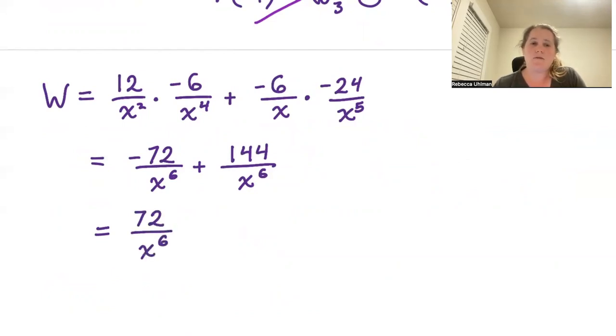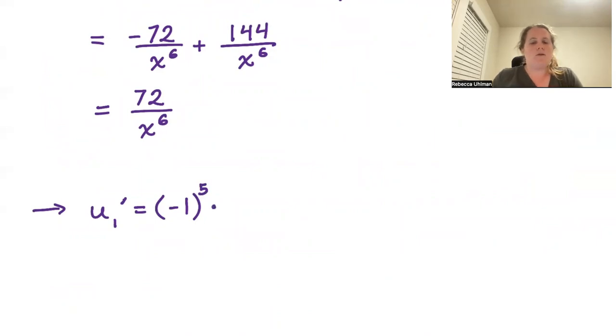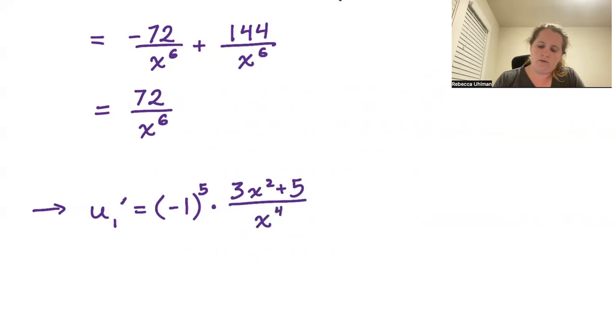At this point, we have all the information we need. We know that u1 prime was negative 1 to the 4 plus 1, or negative 1 to the 5th, times f of x over p0 of x. F of x was 3x squared plus 5. P0 of x was x to the 4th, so 3x squared plus 5 over x to the 4th.